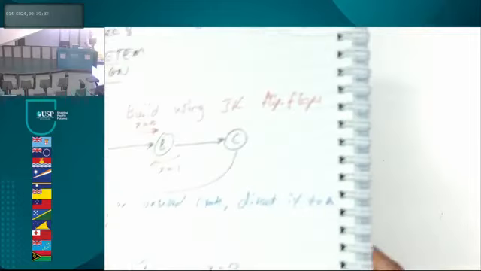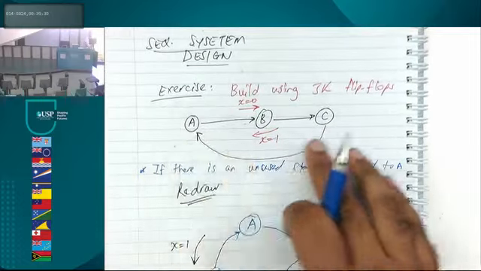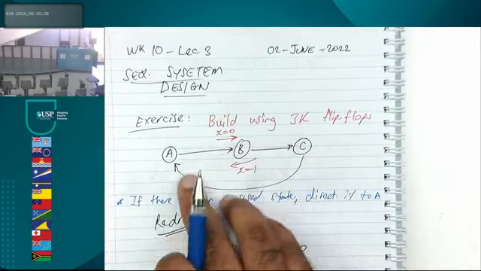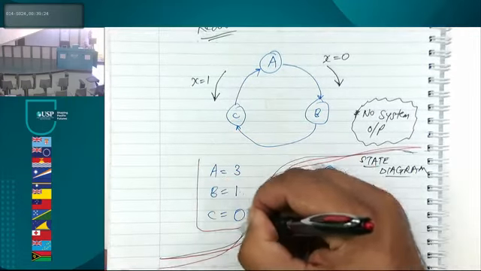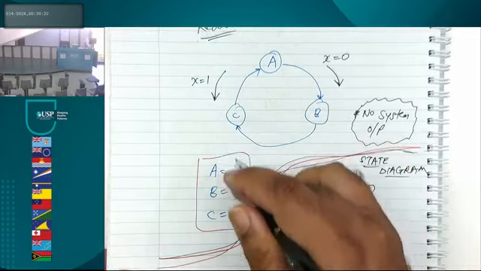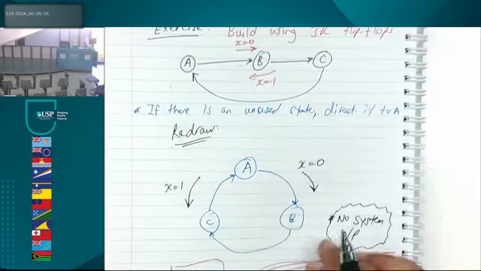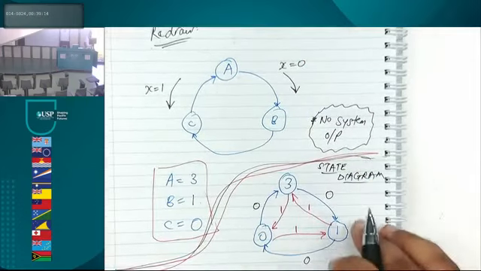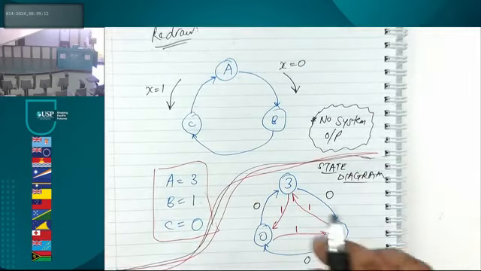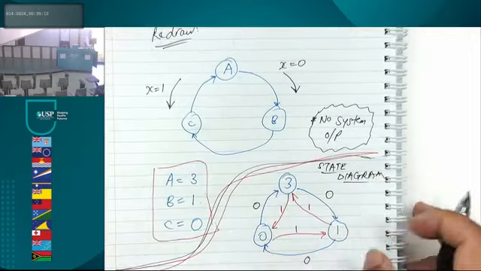Once again, for those of you who have just arrived, we have this problem. This was the question. That goes this way. We were given that A is equal to 3, B is equal to 1, C is equal to 0. We redrew this in this particular manner, then redrew that by filling in the information in a state diagram method.